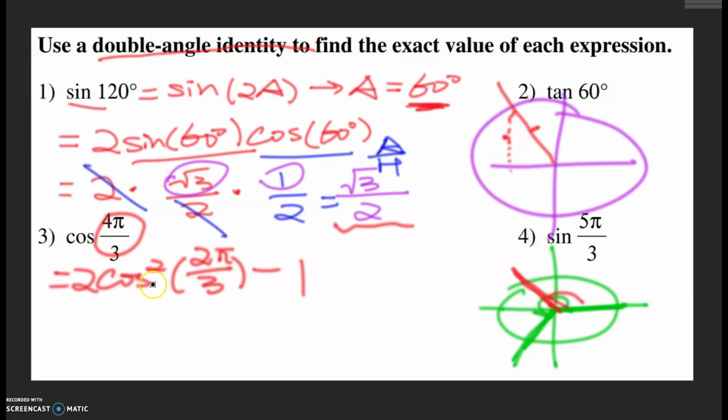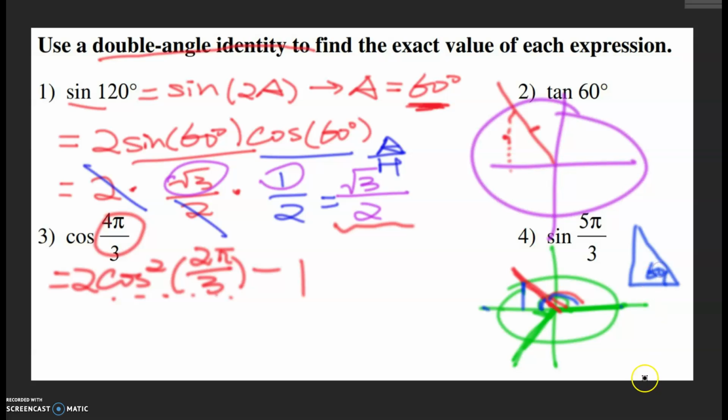Then I need to know the cosine of this angle. Since here is 120 degrees, and from positive x to negative x is 180, the part left to us is 60 degrees. So I can draw this little triangle right here.